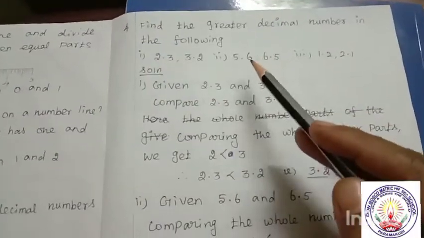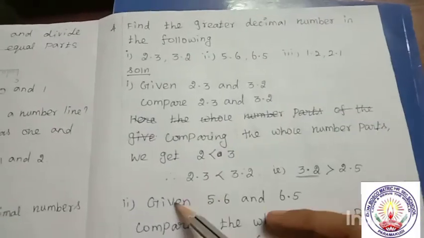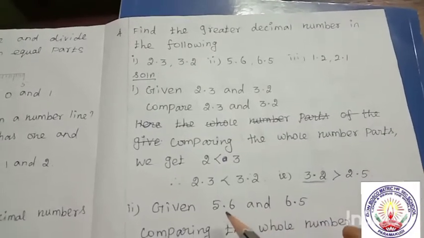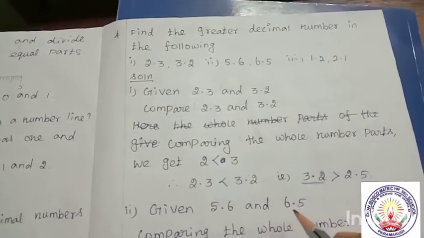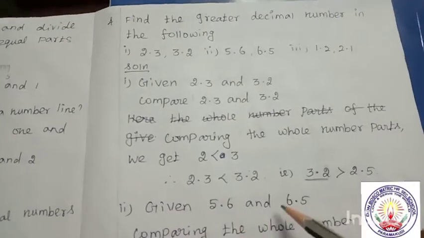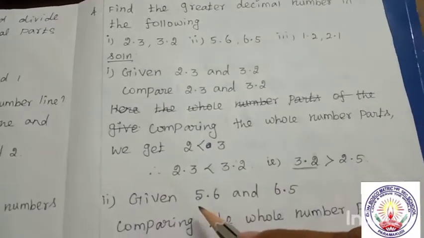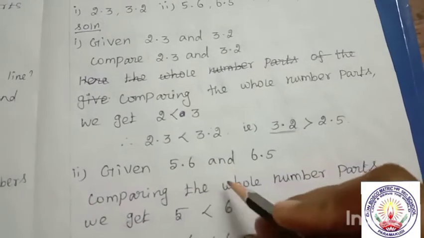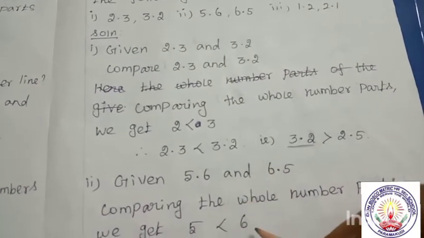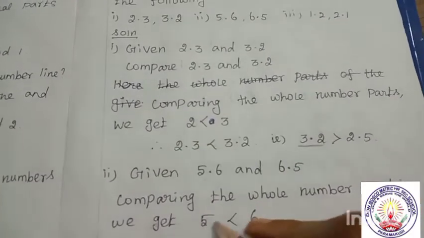Next, given 5.6 and 6.5. Compare 5.6 and 6.5. Comparing the whole numbers 5 and 6, we get 5 less than 6. 6 is the greater number, 5 is the smaller number.